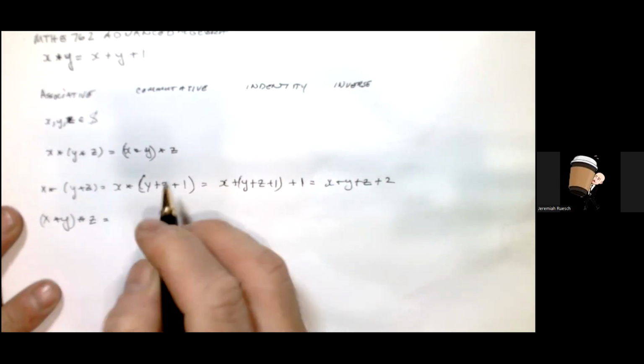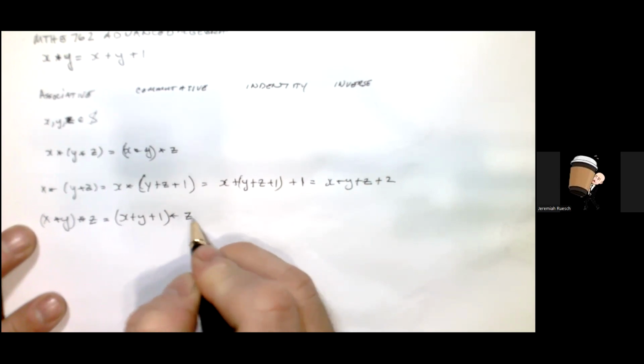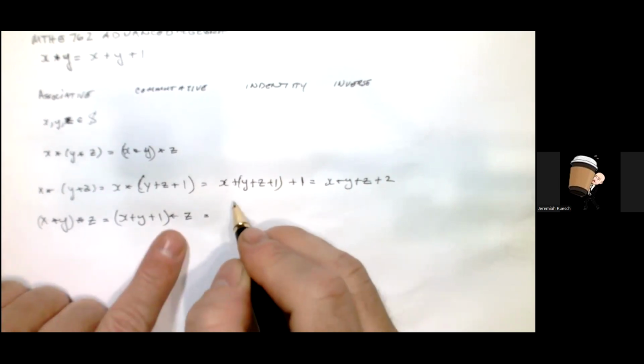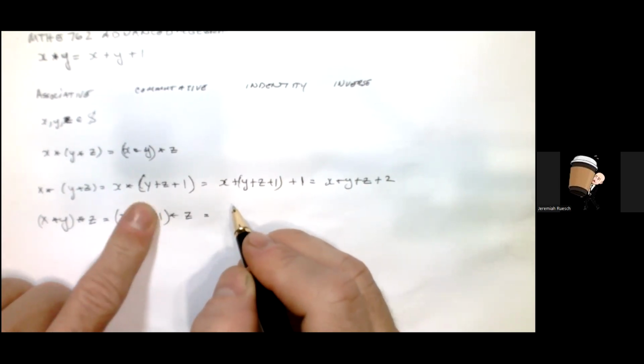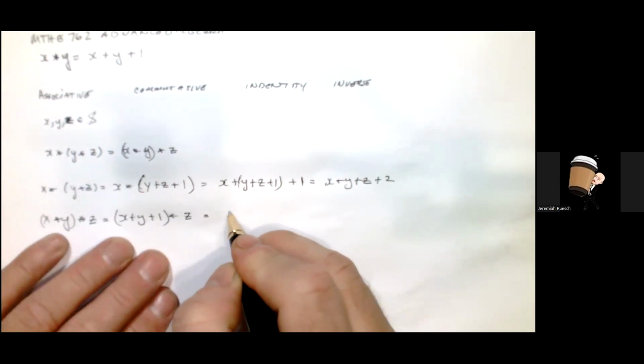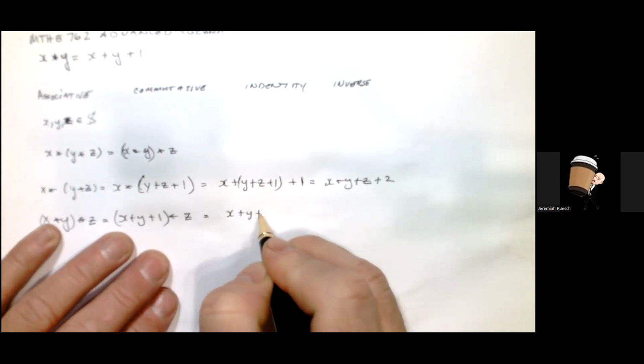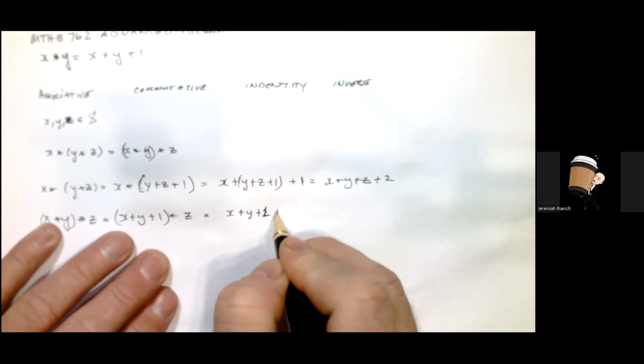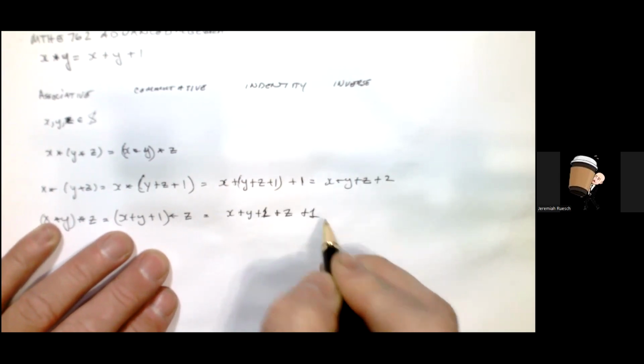Okay, so let's try that again now with x star y star z. So operating on this, we're going to get x plus y plus 1, and that then gets starred with z. And so again, just like before, we're going to operate on this as one unit with this. So it's going to be x plus y plus 1 plus z plus 1.